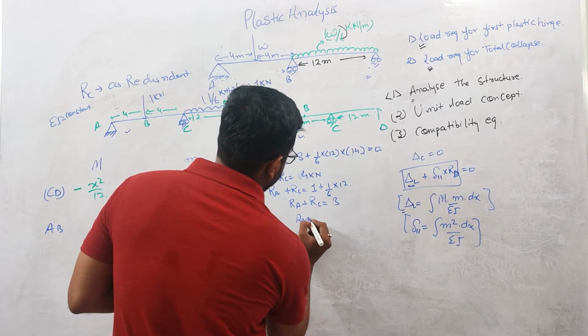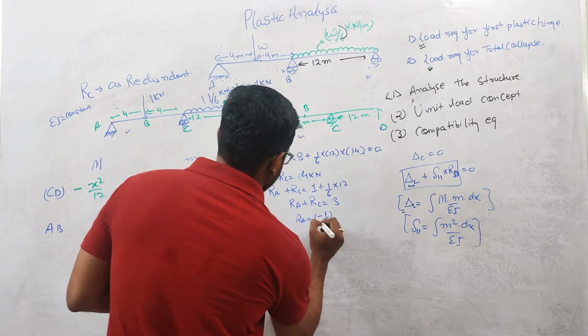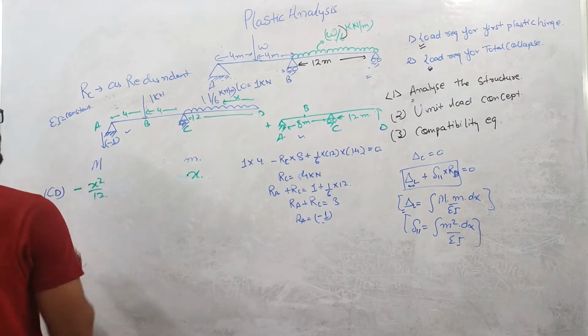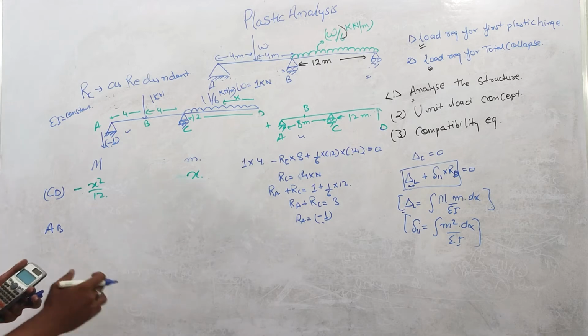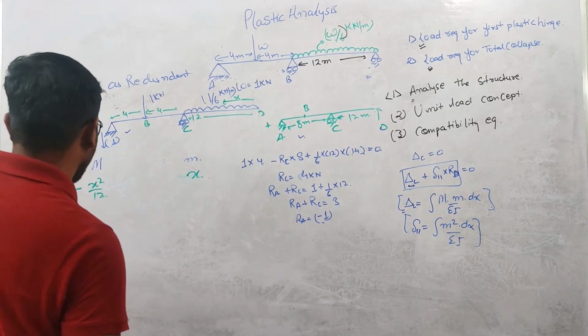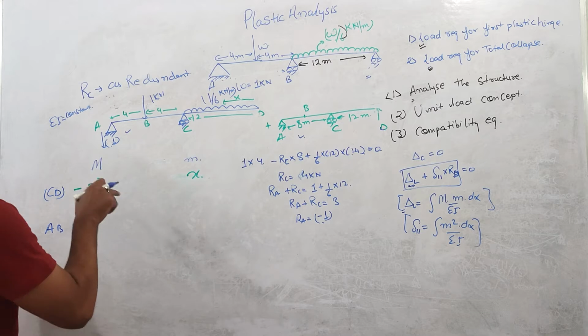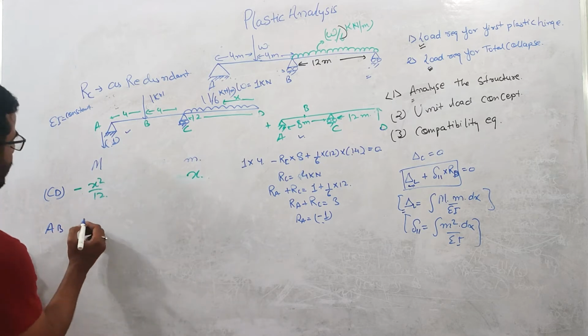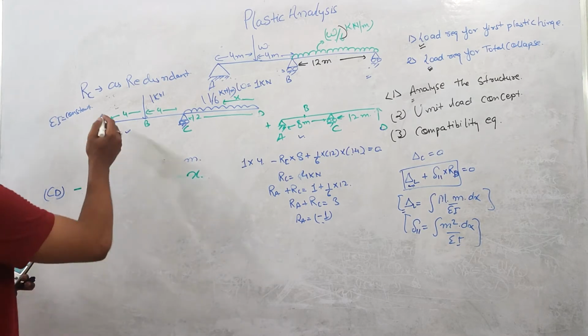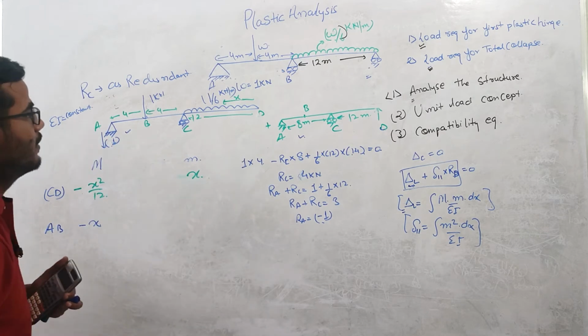So RA will be here minus 1. So the value of this RA at this point is minus 1. It is acting downward. So this negative sign is showing that this force is acting downwards. Okay. So now the moment for AB will be 1 into x. Again, it is causing hogging, so that's why it is negative.